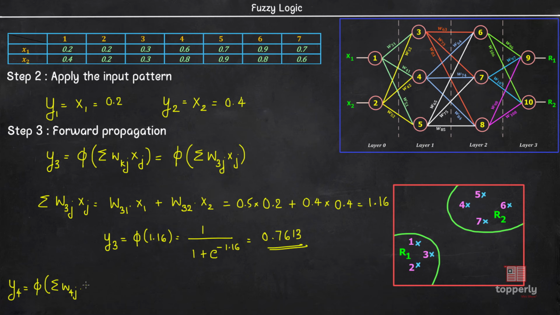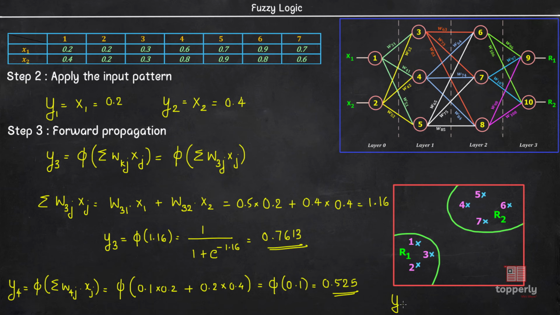Similarly, we get y4 is equal to phi of sigma w4j into xj, which is equal to phi of 0.1 into 0.2 plus 0.2 into 0.4, which is equal to phi of 0.1, which is equal to 0.525.